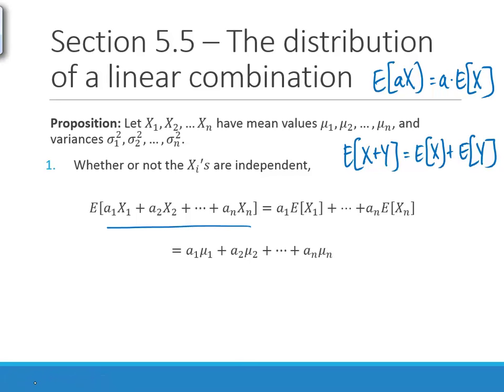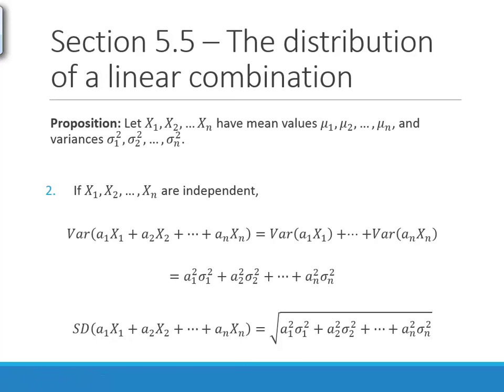Okay. Looking at the variance, now I'm taking the variance of my linear combination. For this to hold, I do need them to be independent. The same setup, I have these different random variables with different means and variances, but now I need them to be independent for this to be true.